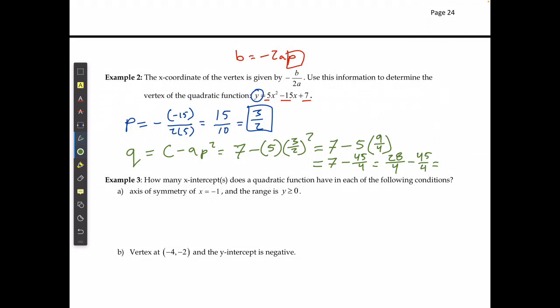And when I actually subtract that, in this case, I'm going to get negative 17 over 4. So the vertex of this would occur at the point of 3 over 2 and negative 17 over 4.